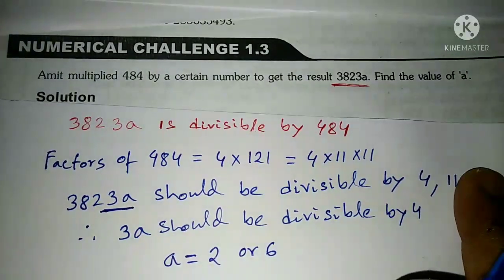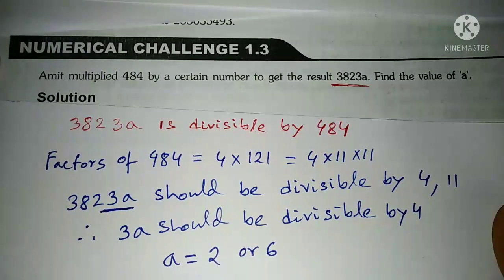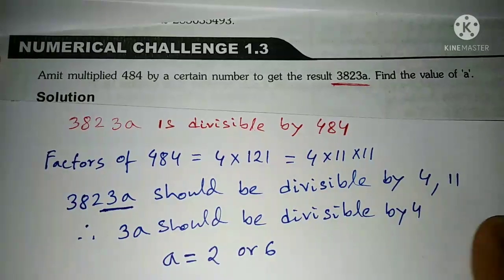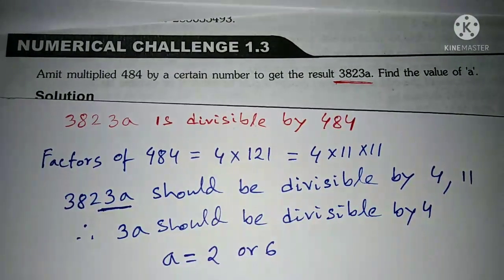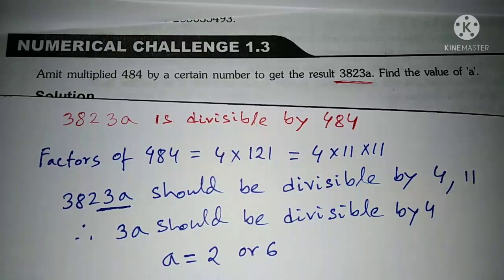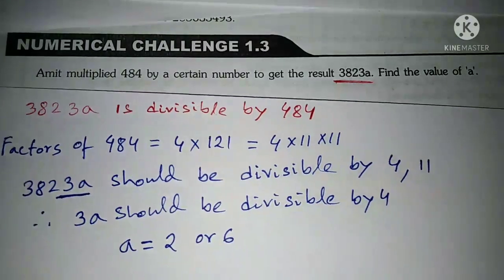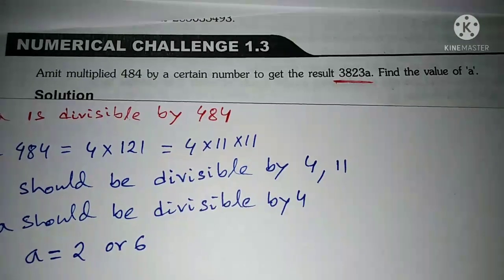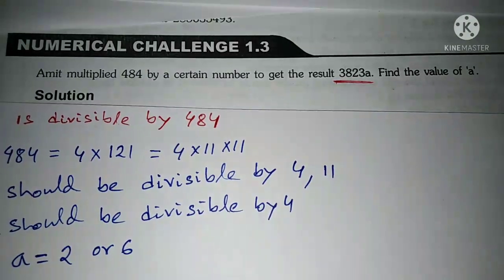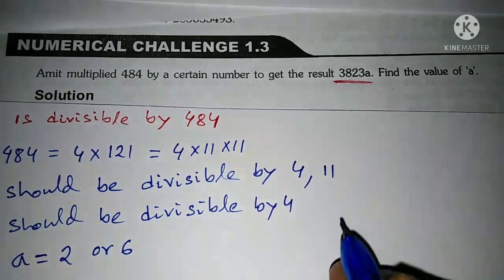Now again, the given number is divisible by 11, so let's test by 11. What is the divisibility test for 11? We already know we have to add the odd place digits and the even place digits.